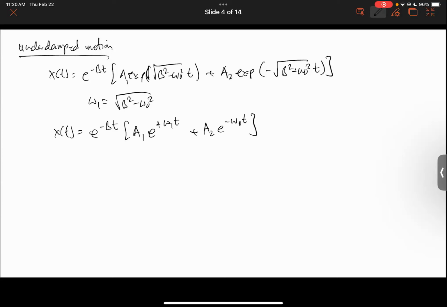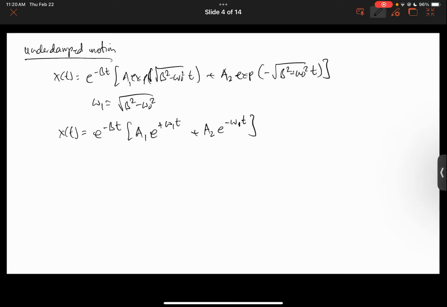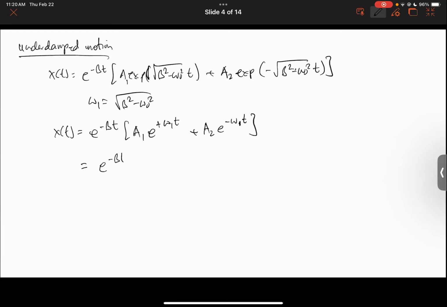And in this case, since sinabi nga natin kanina na yung exponential plus omega 1 t plus exponential negative omega 1 t is related to cosine, we can actually rewrite this as exponential negative beta t times the amplitude times cosine of omega 1 t minus some phase constant. Okay, so ang tawag natin dito is the angular frequency of the damped oscillator.